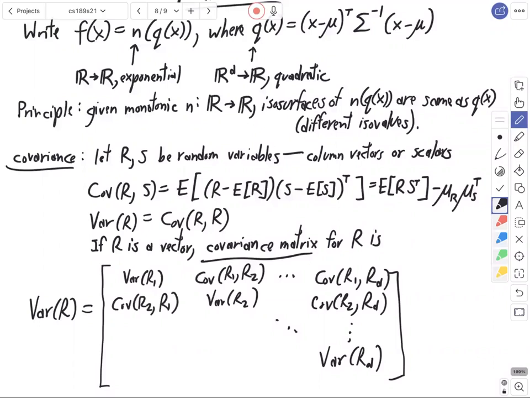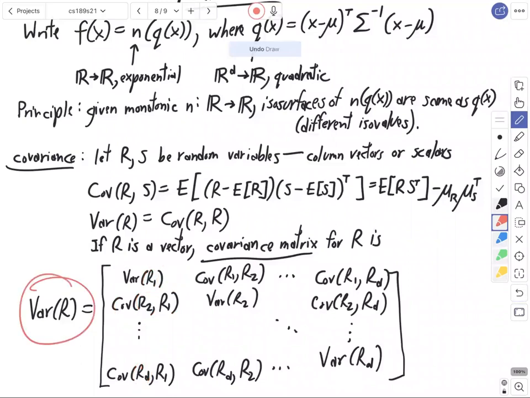So by the way, the covariance of R1, R2, and the covariance of R2, R1 are equal to each other. So this is a symmetric matrix. And here, inside the matrix, each of these R1, R2, RD, and so forth are scalars, and each of these variances and covariances, those are all scalars. It's just R itself is a vector, and its variance is a matrix.